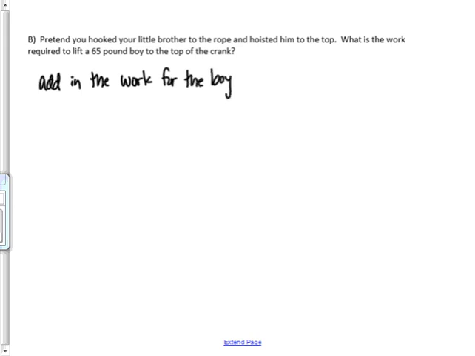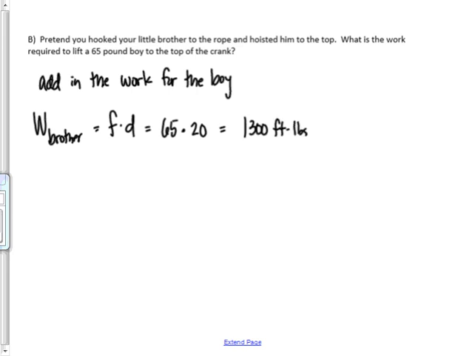The work for the brother is just equal to F times D, that very first formula that is not in one of these examples, but it's typed in your notes in red. That's the weight of the boy, 65, and we were lifting him 20 feet. If you multiply that, you get 1,300 foot-pounds. So that's the work for lifting the brother.